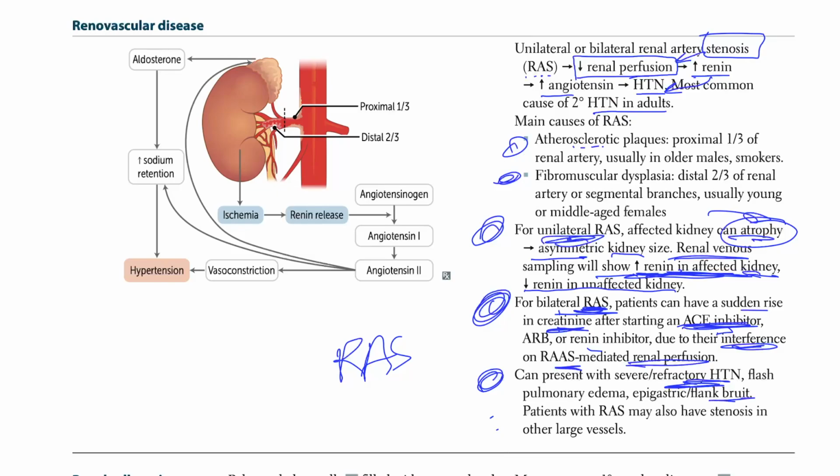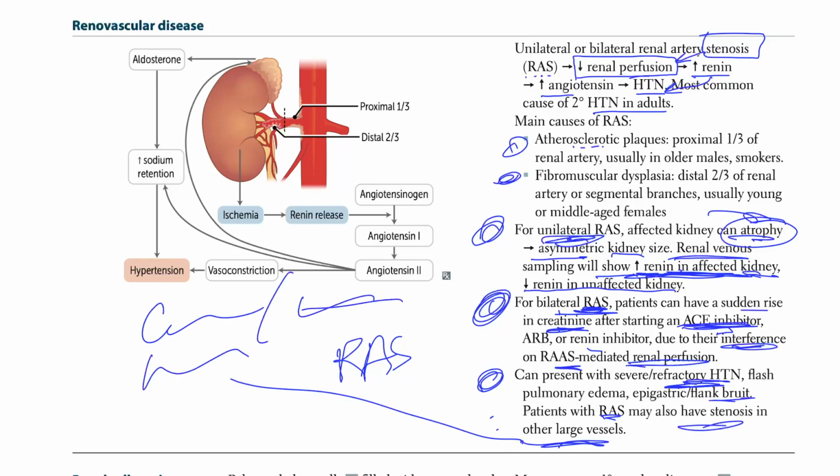Okay, and patients with RAS may also have stenosis in other large vessels. And we already talked about other large vessels being cerebral, carotid, vertebral, mesenteric, extremities, all of them.